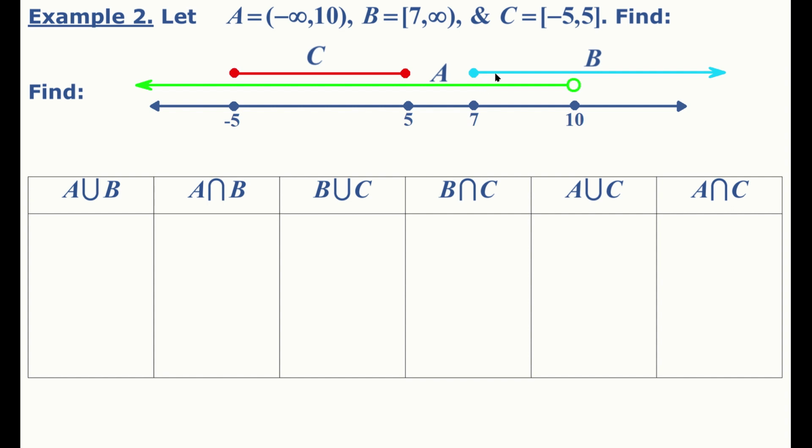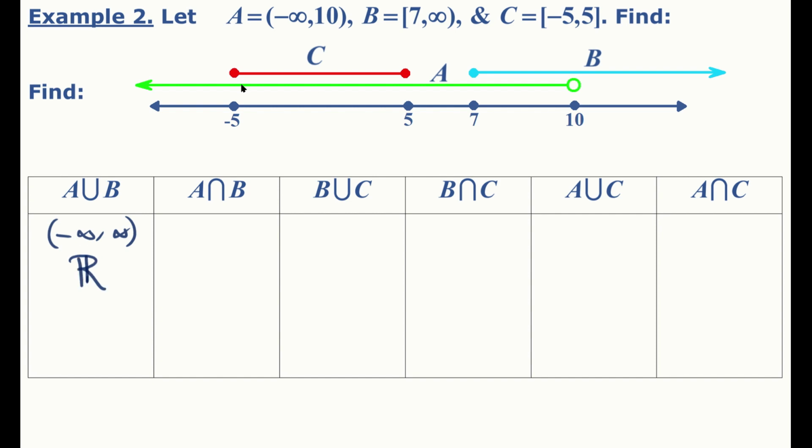We only need to list them once. So this one is going to give us all real numbers. Notice we can write that as an interval, or we can just say R. We use this script notation to indicate that it's the set of real numbers.